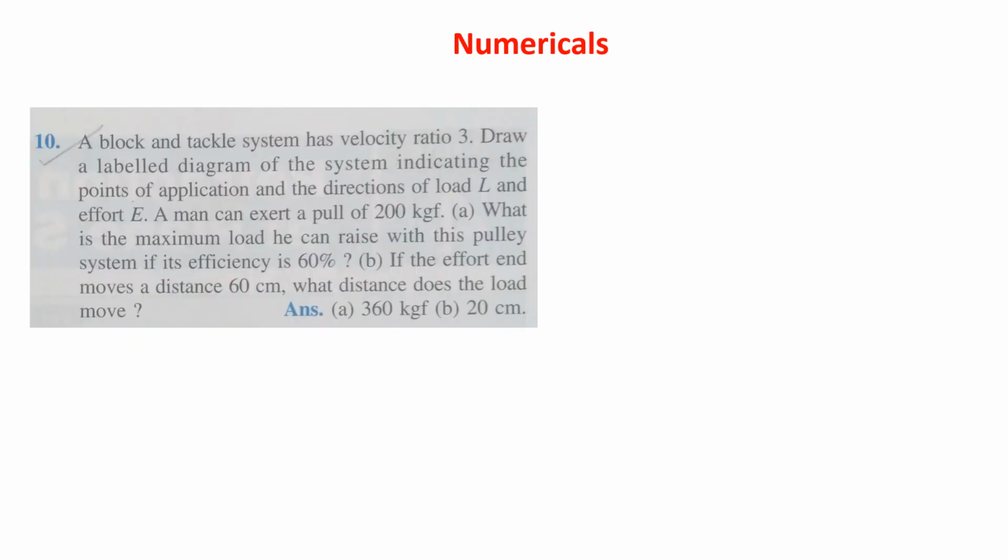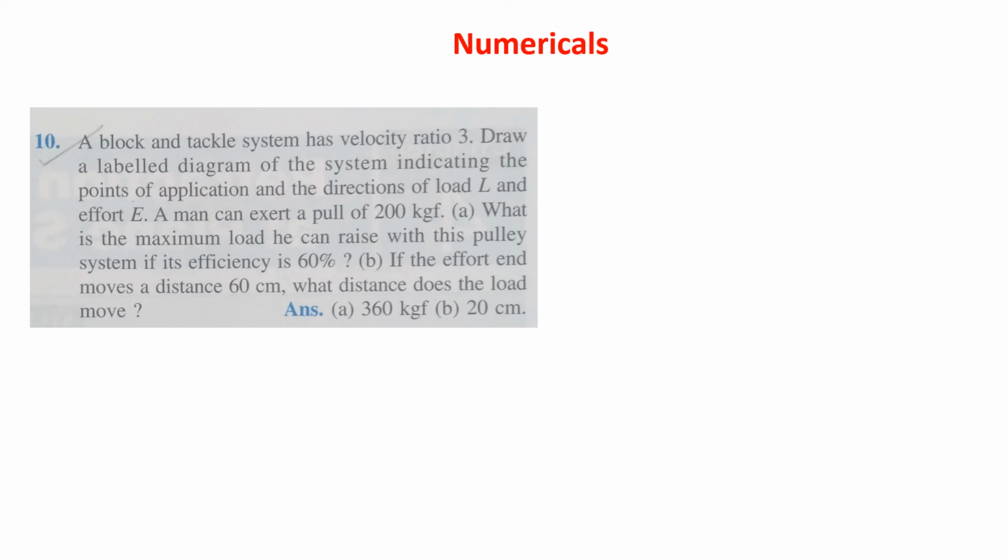A block and tackle system has velocity ratio 3. Draw a labelled diagram of the system indicating the points of application of the direction of the load L and the effort E. Let me first do this.